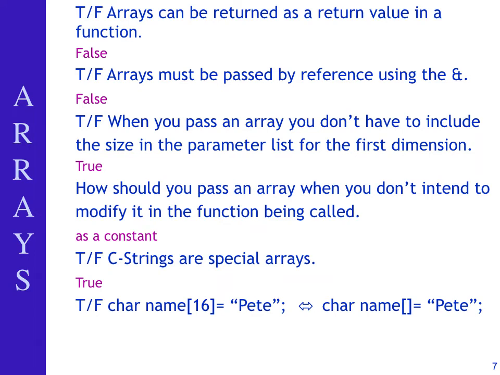Let's look at this example. You're asking if it's true or false that those two statements are equivalent: char name[16] equal to "Pete" and char name[] without a size equal to "Pete". Are they the same or not? No, they are not equivalent. That's false. The reason is that the first one creates an array of 16 elements and then initializes the first 5, the "Pete" and the null termination.